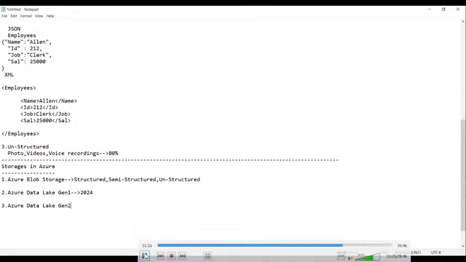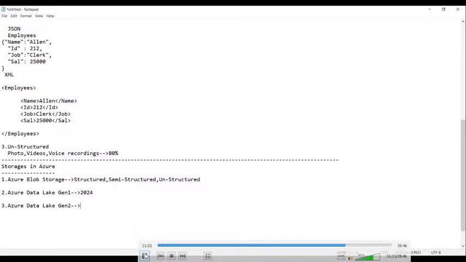Basically, Azure Data Lake Gen 2 also stores data. What kind of data does it store? It can store any kind of data, but most of the time it is the data used for visualization, that means for the purpose of analysis.